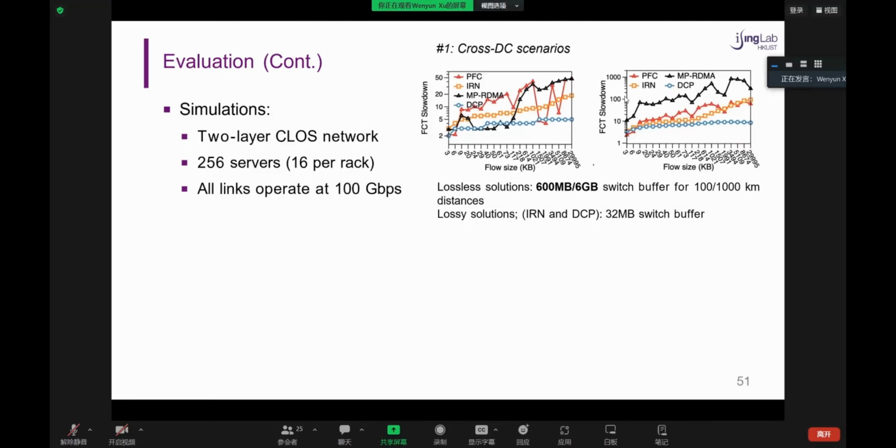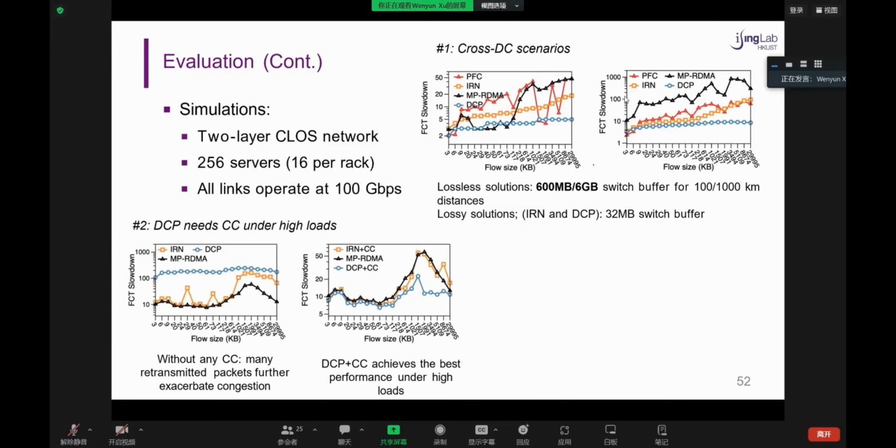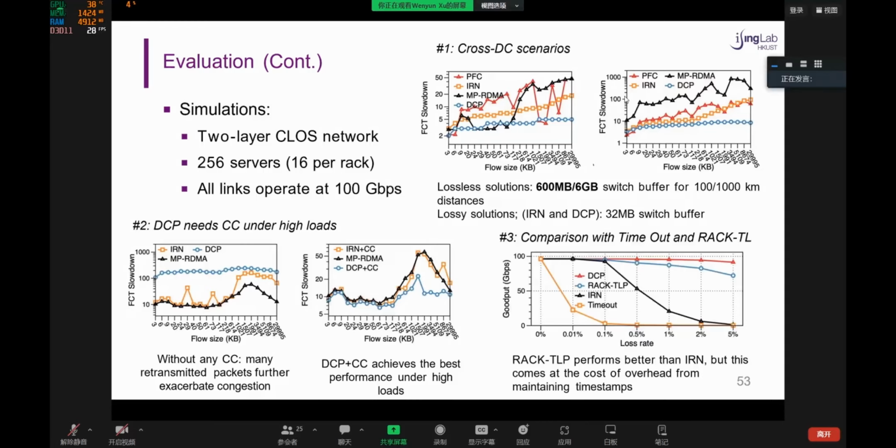In contrast, the lossless solution requires much larger switch buffers and still performs poorly. This paper also shows that DCP benefits from CC in high-loss scenarios, and that DCP plus CC achieves the best performance in these cases. Finally, they compare DCP with ARC-TLP and timeout-based solutions and show that DCP outperforms them.